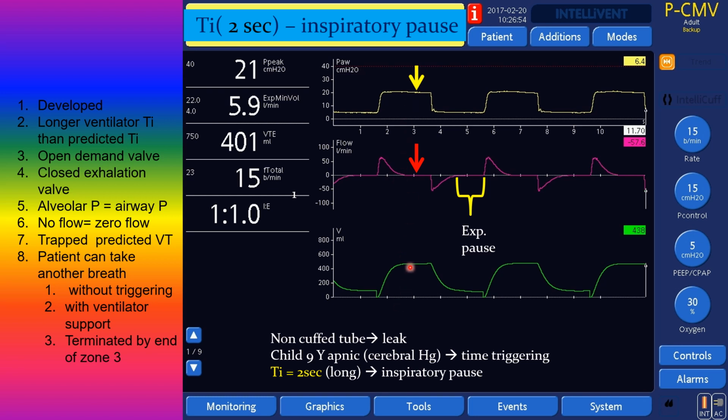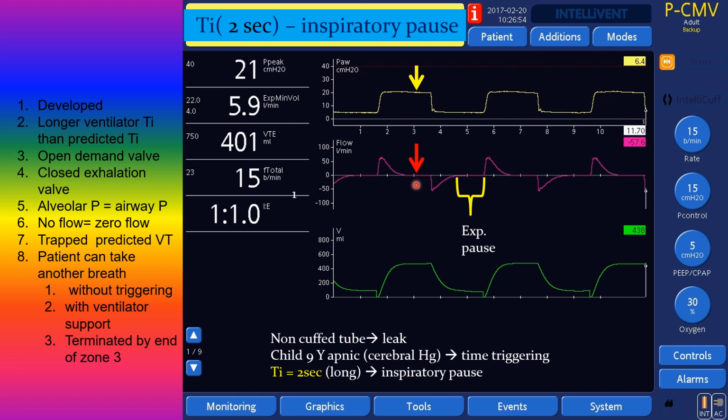So the remaining time is the inspiratory pause, and we know that the demand valve opens with the triggering and closes at the end of the preset inspiratory time. So during an inspiratory pause, the demand valve is open, so the patient can take another breath without triggering.